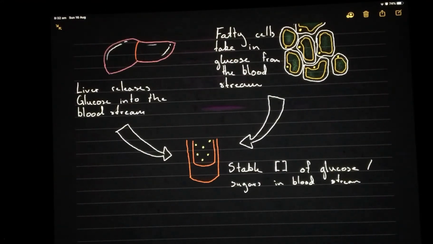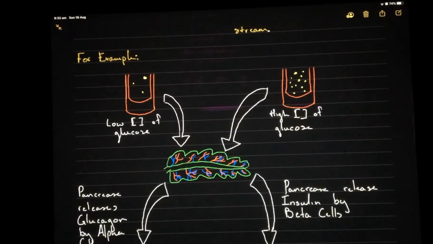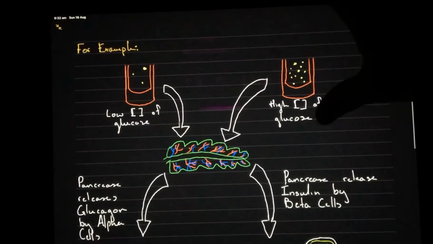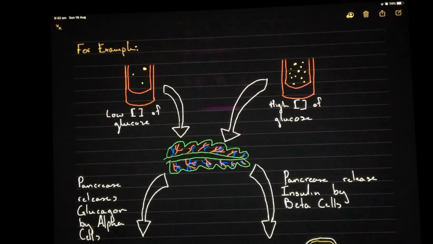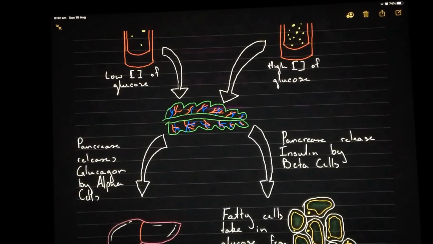Now, something I'd like to cover with you is if there was a deficiency. This deficiency is in the form of diabetes type 1. You may have heard of it. Basically, the immune system actually attacks the beta cells and kills them. This means that the pancreas cannot release insulin.